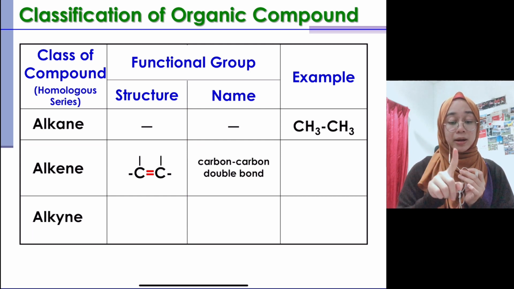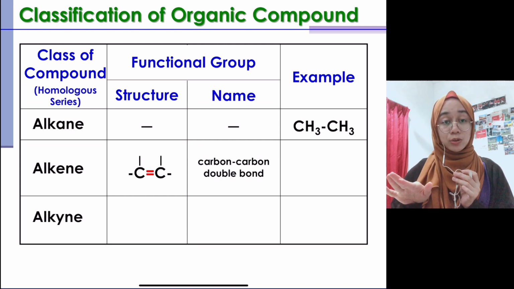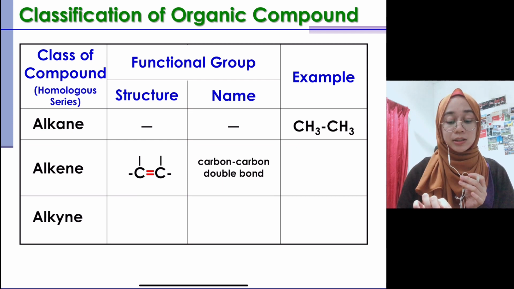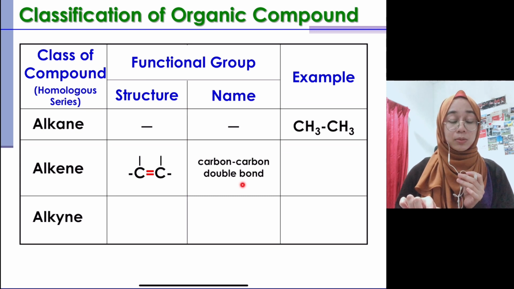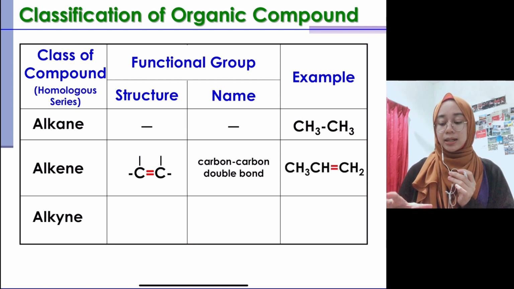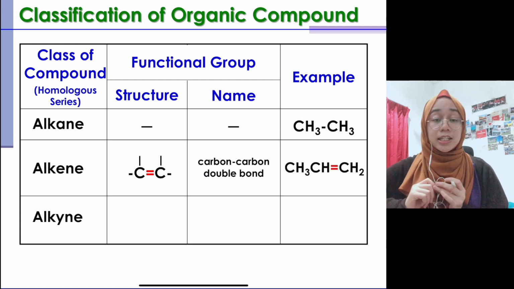Bear in mind, class of compound and functional group are two different things. If you are asked about the functional group of this one here, your answer is supposed to be carbon-carbon double bond. If you are asked about the class of compound for this compound here, your answer should be alkene. The example here is CH3, CH, CH2.